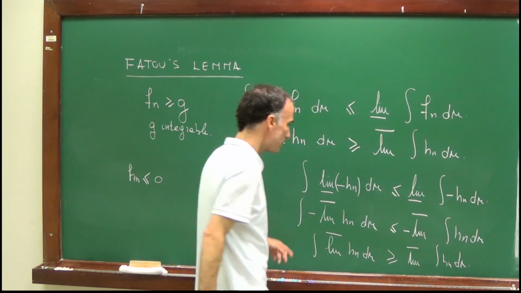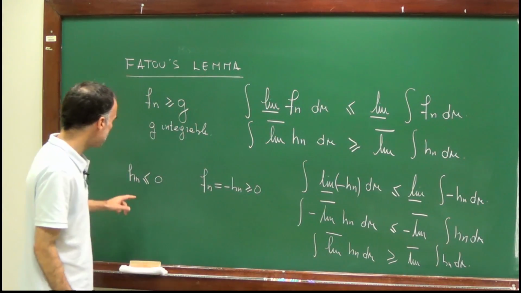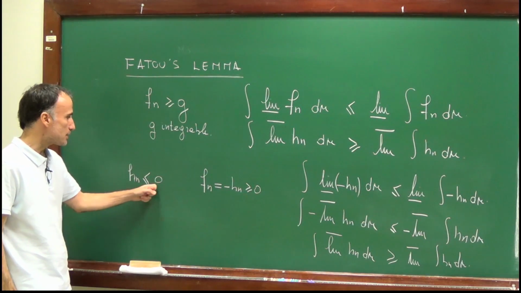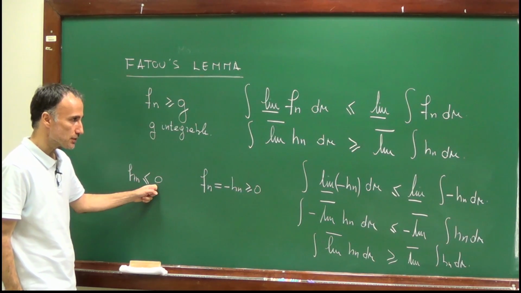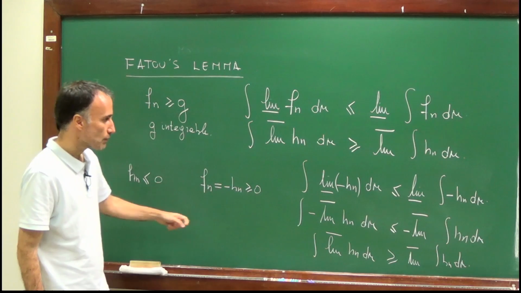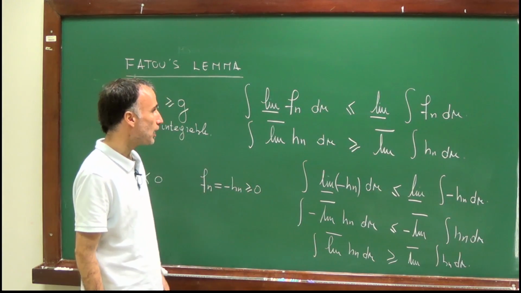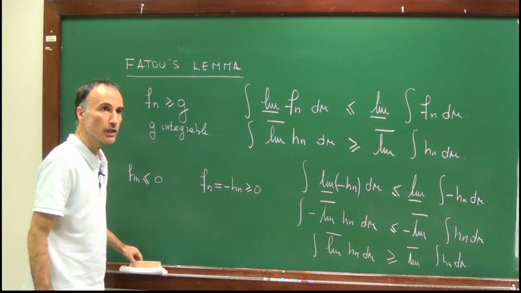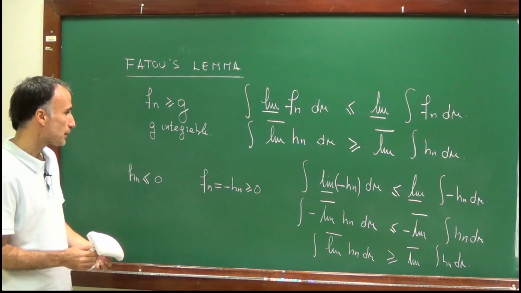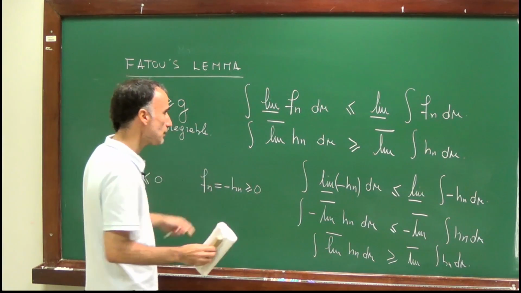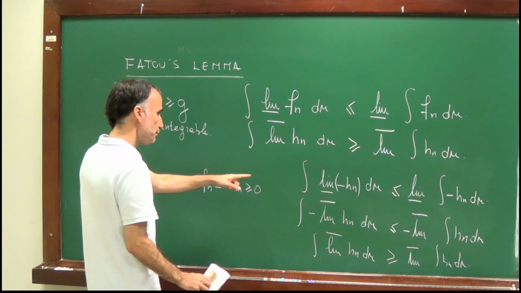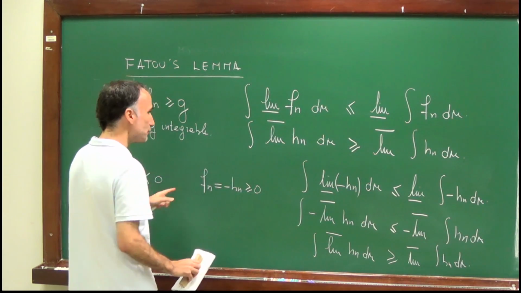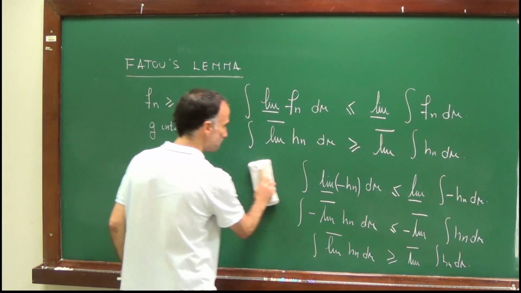So this is what we proved, provided the sequence hn is non-positive, it's negative. Right? So this is exactly what we proved here. So let me erase this proof and just keep the result.